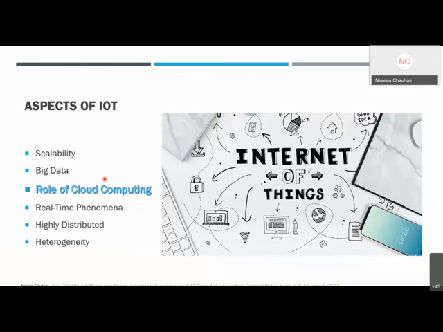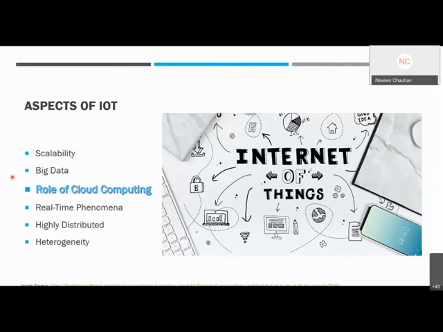So an aspect of IoT is definitely scalability. Scalability is one of the issues in the Internet of Things. Big data is another concern.